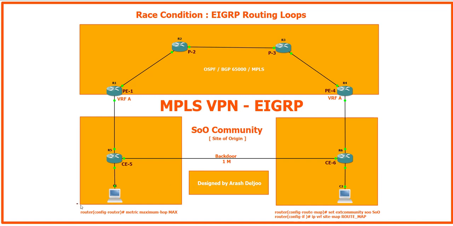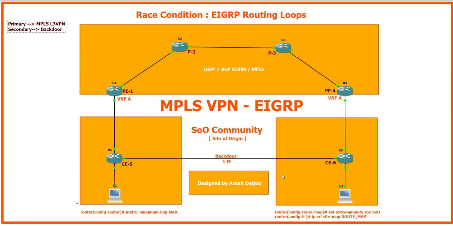This means that in this scenario, we use the MPLS VPN link with the highest priority. The first link, the primary link for communication between the two sites, is the MPLS layer 3 VPN link, and the secondary link, the secondary path, is the path through the backdoor.